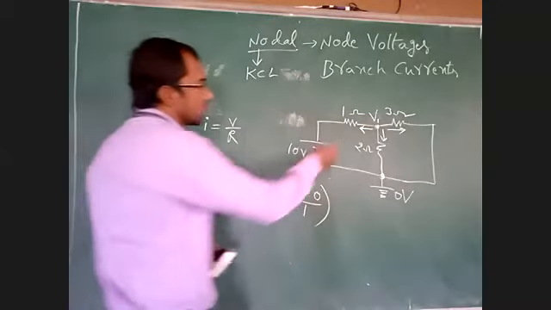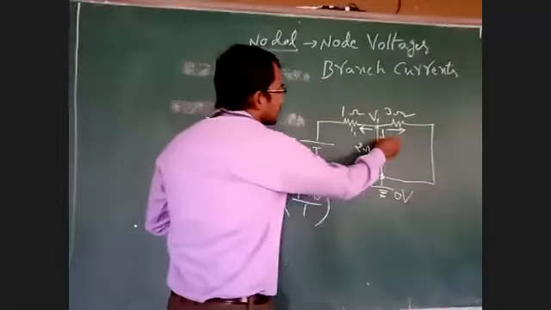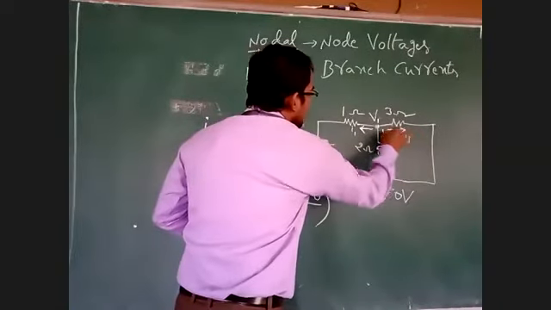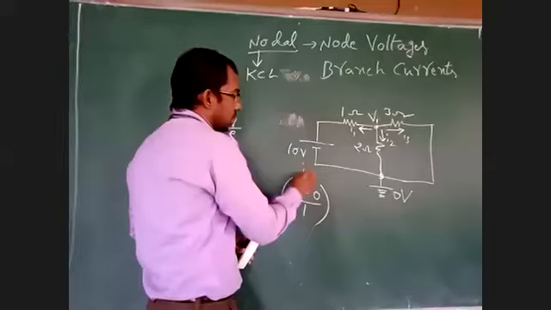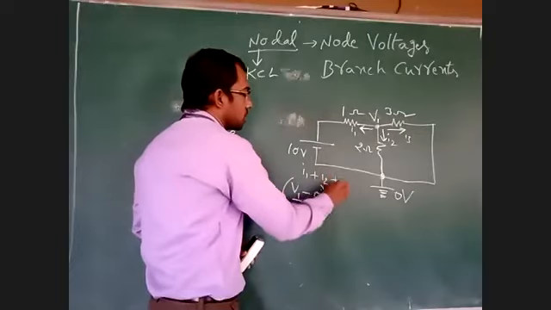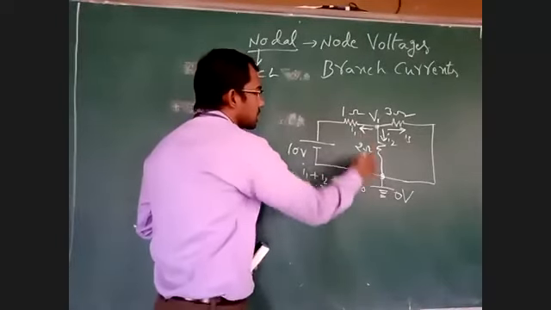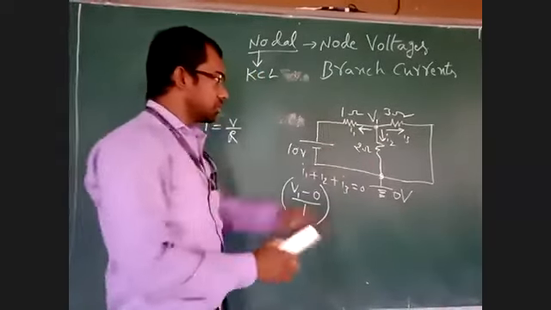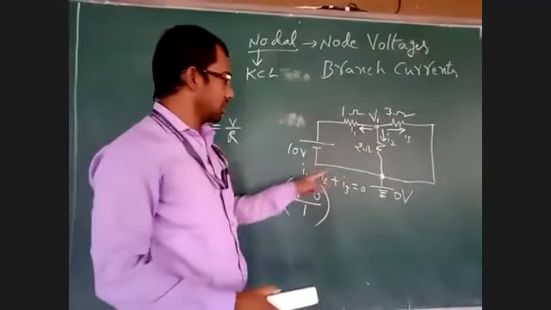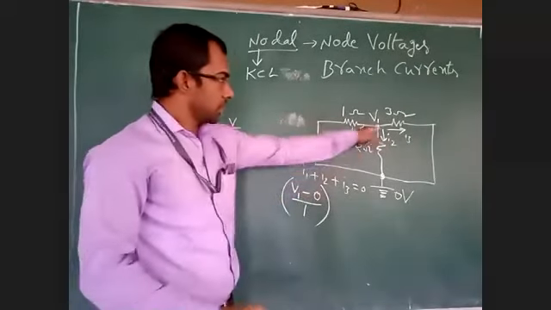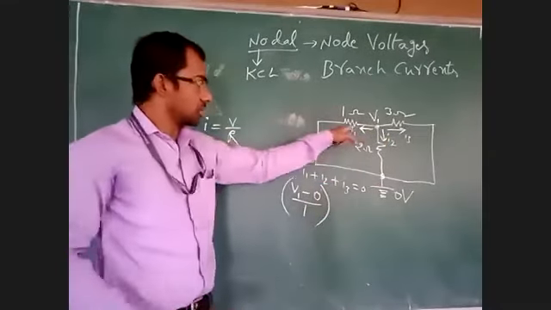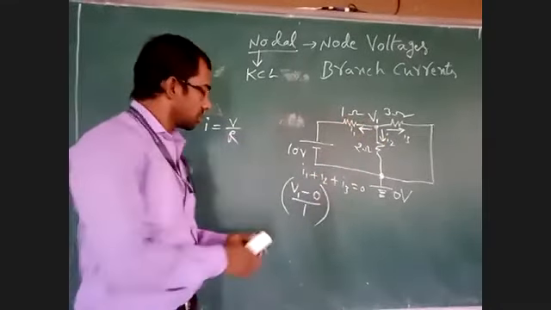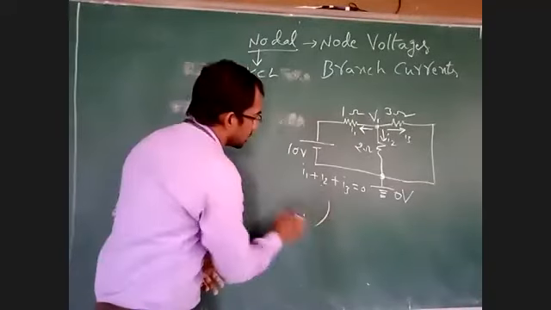What is KCL? Let us take this is I1, this is I2, this is I3. KCL: the algebraic sum of the outgoing currents is equal to the incoming currents. I1 plus I2 plus I3, because all are positive, all are leaving from the node. I1 is equal to V1, sorry, I have written it down here.